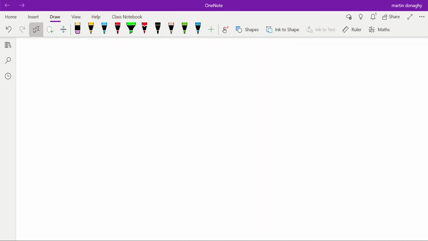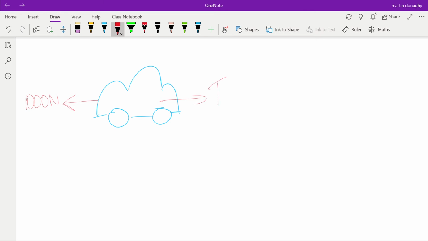The other thing you could be asked to do, so let's get our car again. Let's say we are told that the backwards force due to drag is 1,000 newtons. We're not told what the forwards force T is.